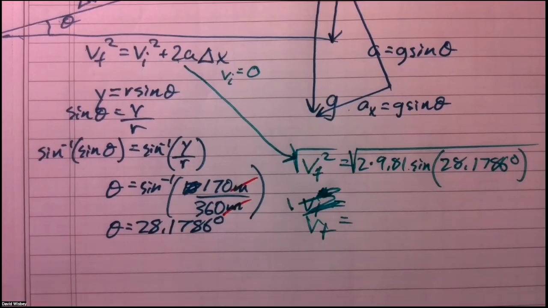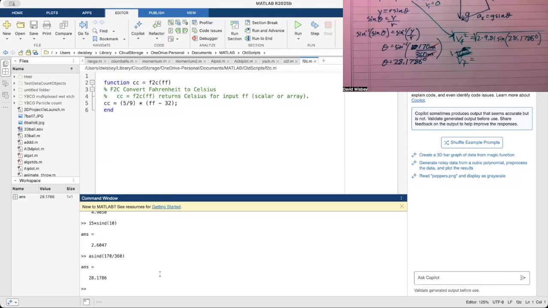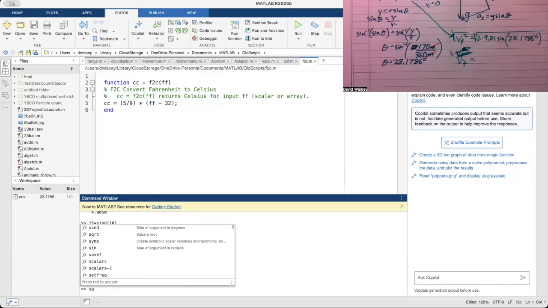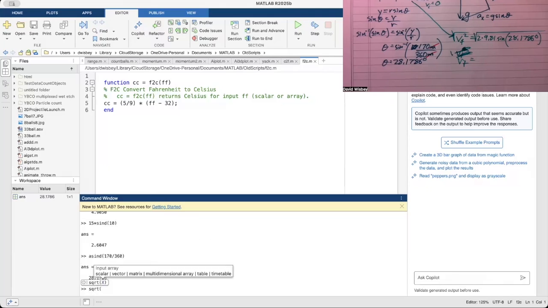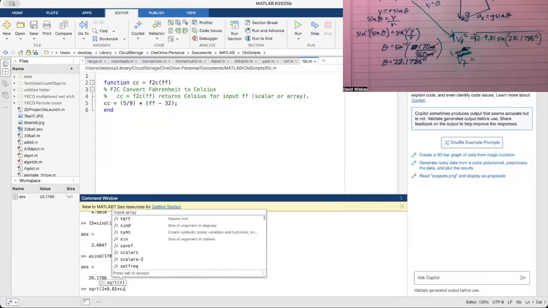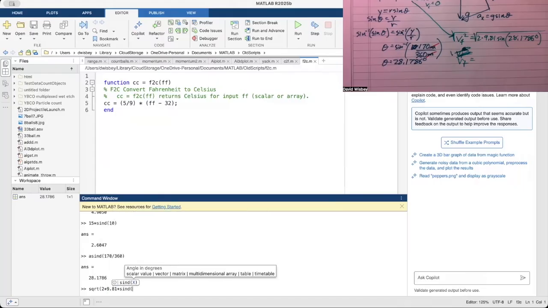I'm going to plug this into MATLAB now. So we are going to have the square root, sqrt, of 2 times 9.81 times sind of 28.1786. I am putting in all the digits because I don't want to lose those yet.